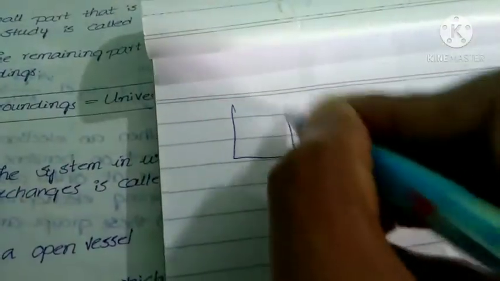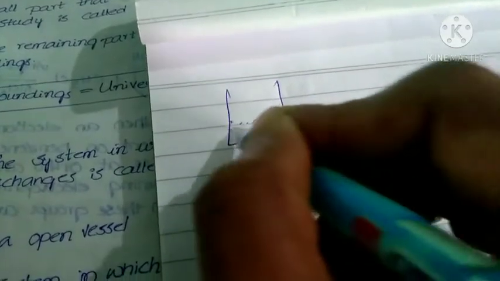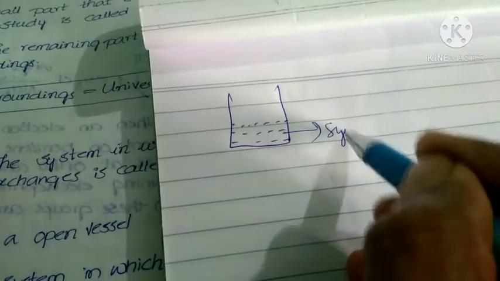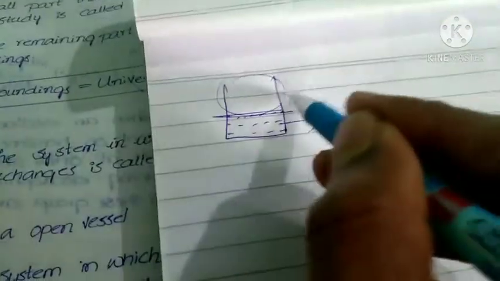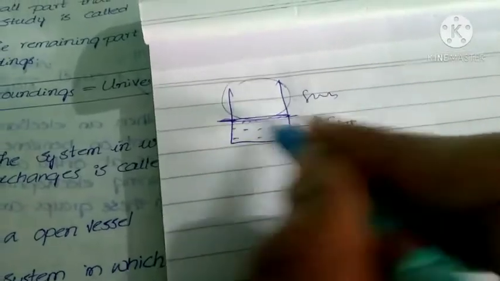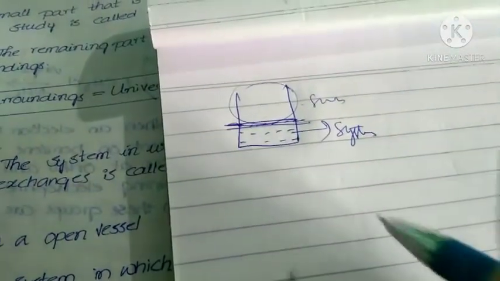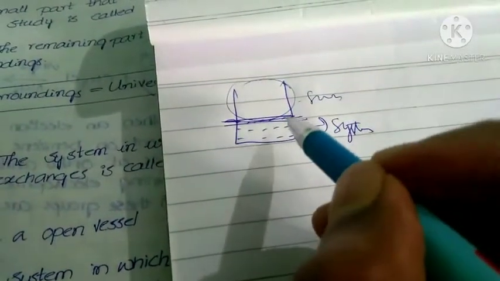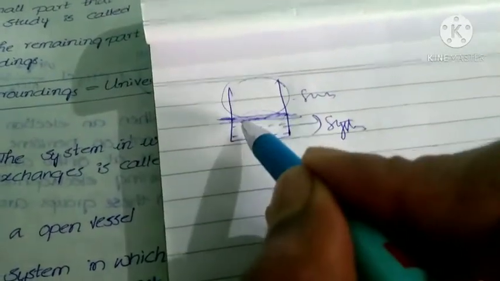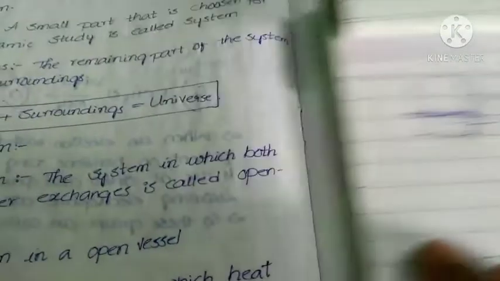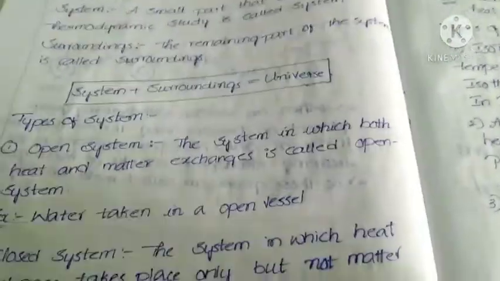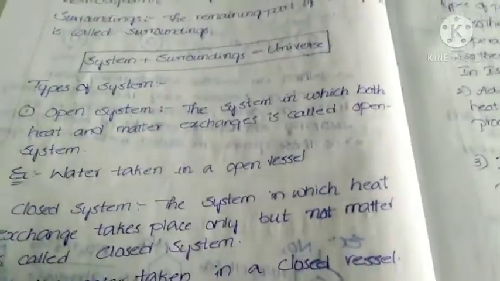Suppose I take water in a glass up to this level. This is called what? System. This is the level of water. This part is what? Surroundings. Now this line is called what? Boundary. So what is the boundary? The line which separates system and surroundings in the universe is called boundary. No need to remember and learn that definition.